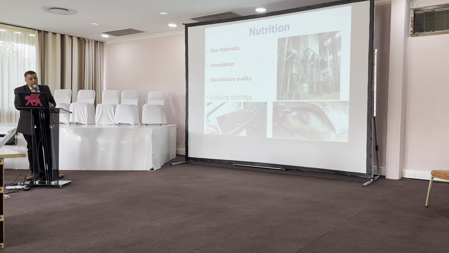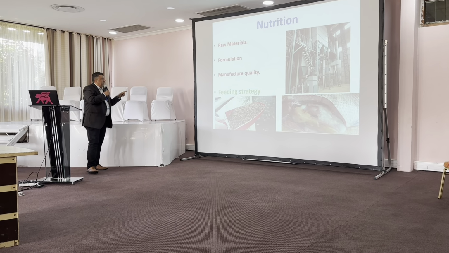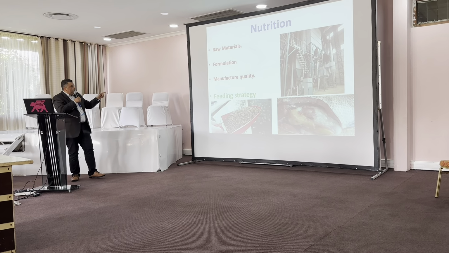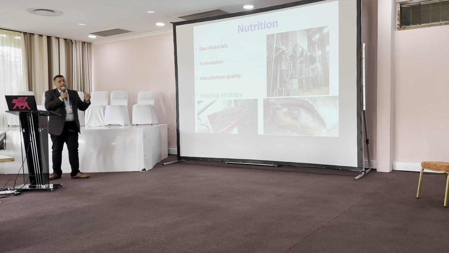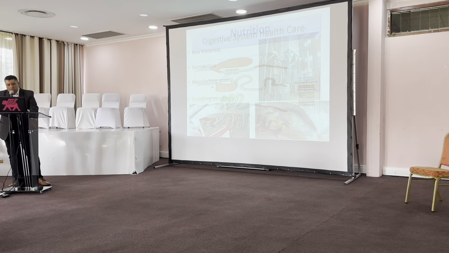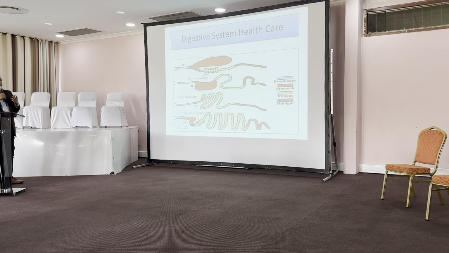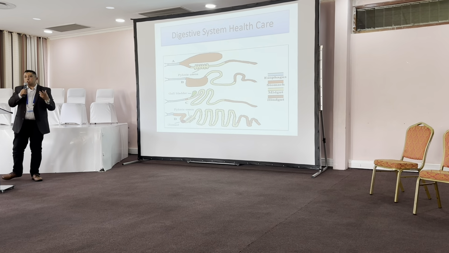Nutrition also is a very important aspect of tilapia welfare. Raw material formulation, the manufacturing machinery, and feeding strategy all affect the fate of nutrition. We should know the cost of feed in Egypt is almost 70% of the production cost.